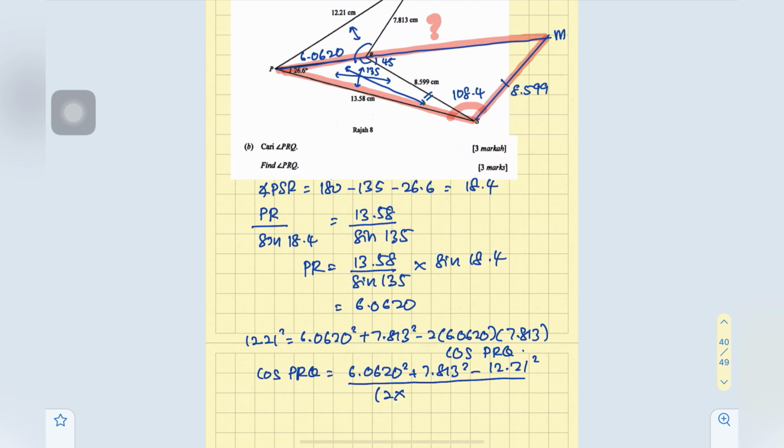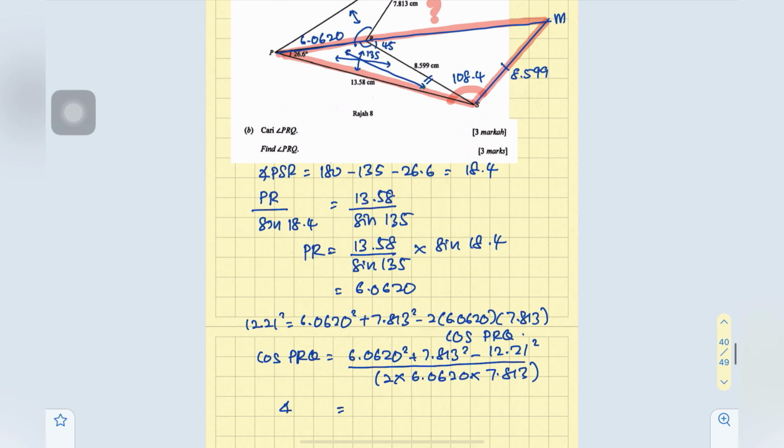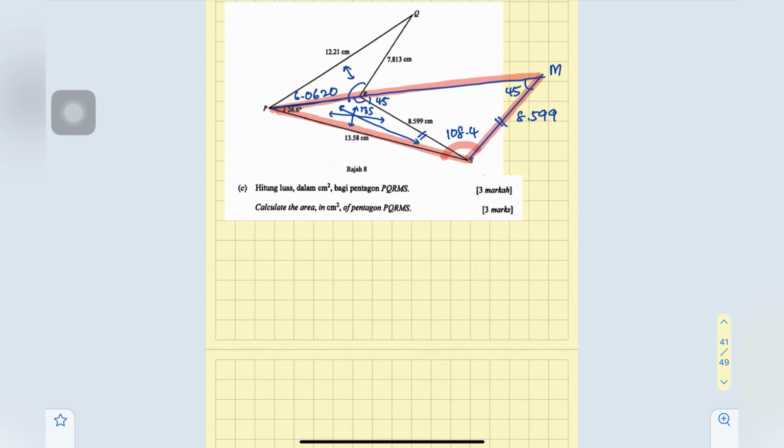So 2 times 6.0620 times 7.813. Okay, so kita tekan tu, kita shift cos, kita dapat angle PRQ is 122.79 degree. C. Calculate the area in centimeter squared of pentagon PQRMS.